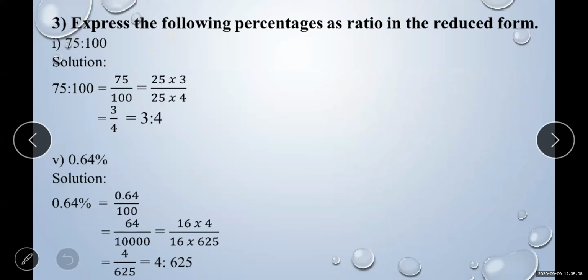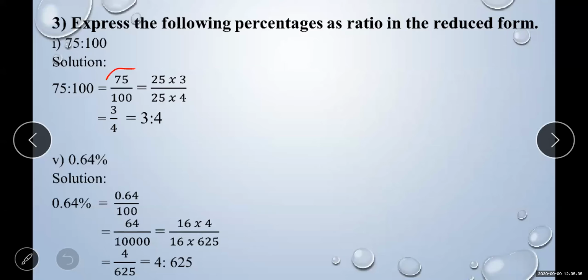Questions are given in the form of percentages, and we have to convert them into the reduced form. Now, percentage is given, that means the denominator is 100, and we have to make it simple. So how will you do that? 75 to 100 means 75 upon 100.